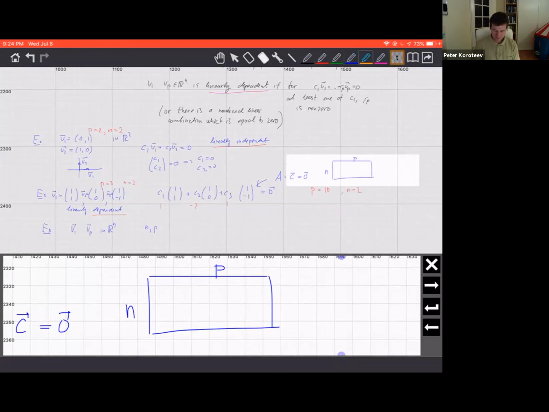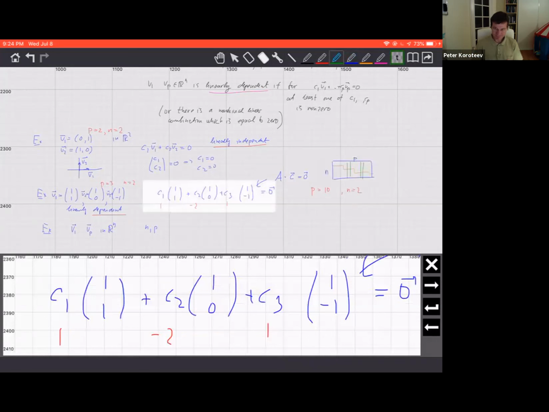When you reduce it to echelon form, there must be free variables somewhere, and these variables will give you the space of solutions of the homogeneous equation.